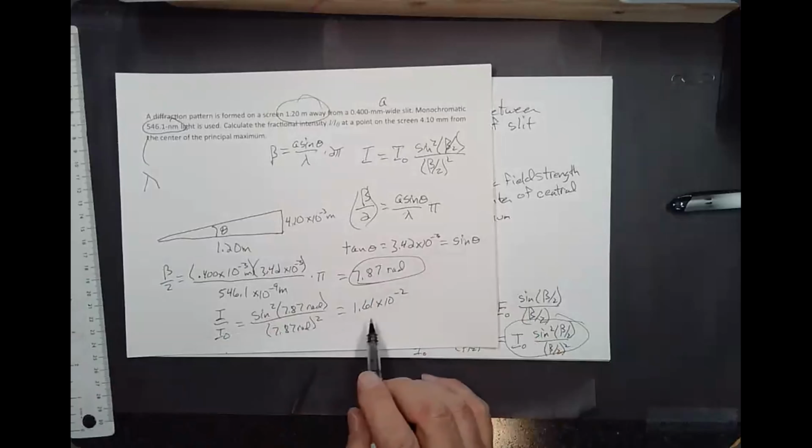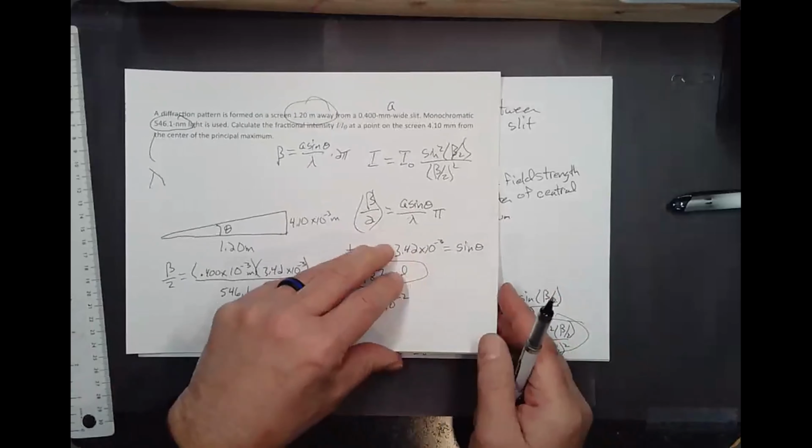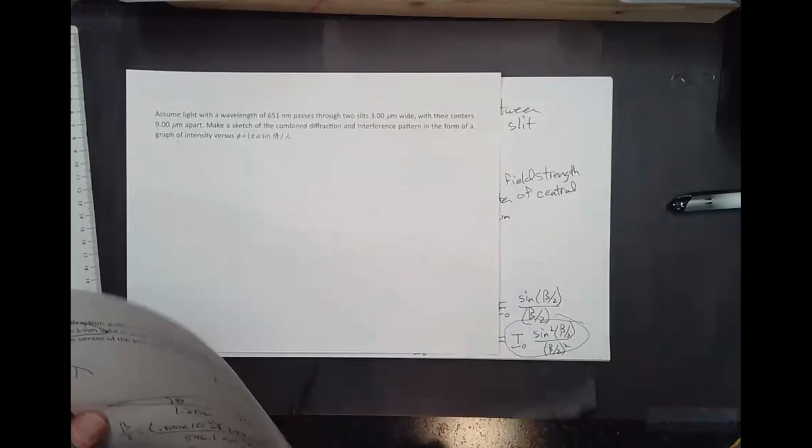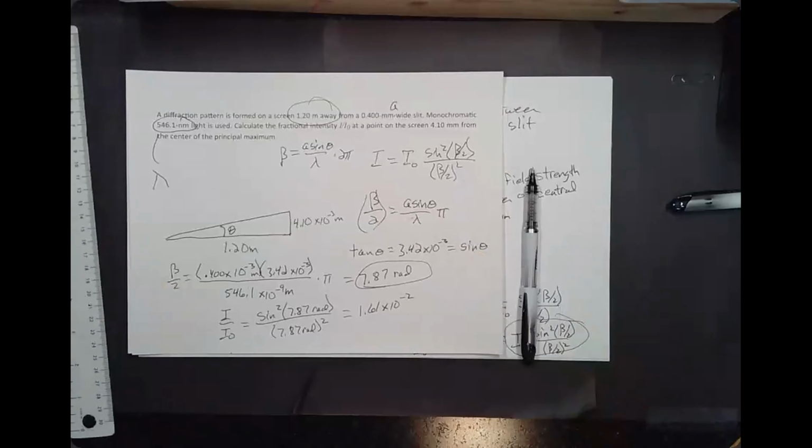So the intensity is going to be about 1.61% of what it is at the center maximum. So anyway, there's one that uses intensity on there. And I think I'll stop there. I don't have time to do another problem.